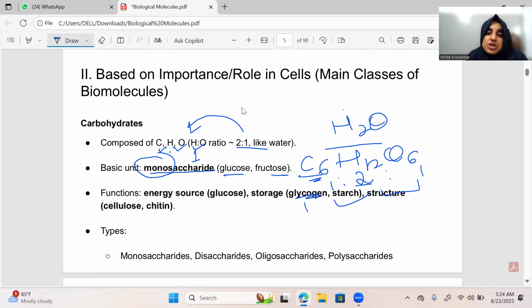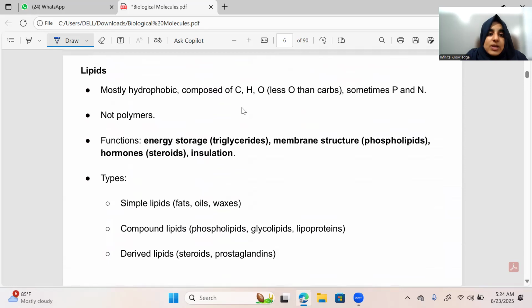And it is used for structure as well, to provide support, for example cellulose and chitin. There are monosaccharides, oligosaccharides, and polysaccharides. Monosaccharide means one, di means two, oligo means more than 3, basically 3 to 10, and polysaccharide means greater than 10. Next, we have lipids.